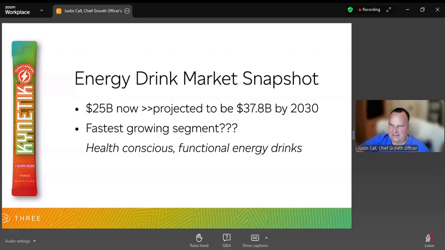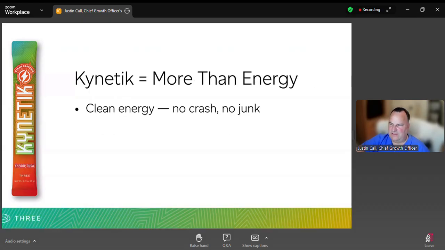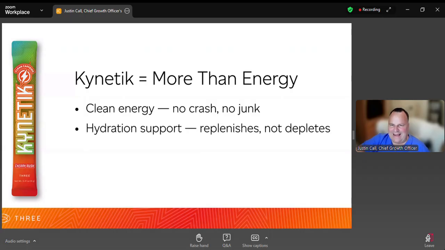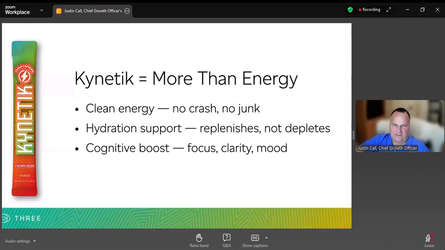So that's exciting. Now, the other part of this is Kynetic is, as you know, or maybe you don't know, more than just energy. So we have the clean energy, no crash, no junk. You've got hydration support, replenishes, not depletes. And then you have a cognitive boost, focus, clarity, and mood. So ask yourselves, those that have used it already, have you noticed that? What have you noticed?